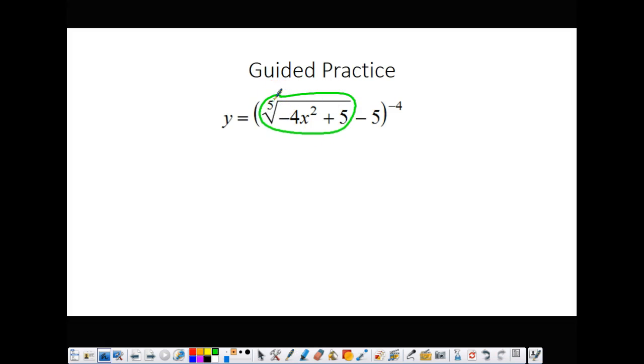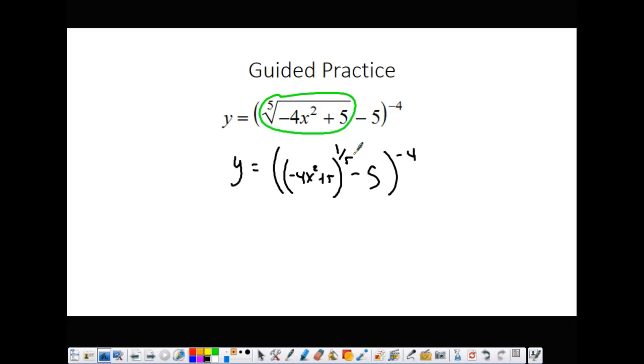So that part is going to become a what instead? It's going to be negative 4x squared plus 5, but to the power of 1/5. After that, there's really nothing different. So it's really just, with the roots, make sure that you rewrite them. And that's that.